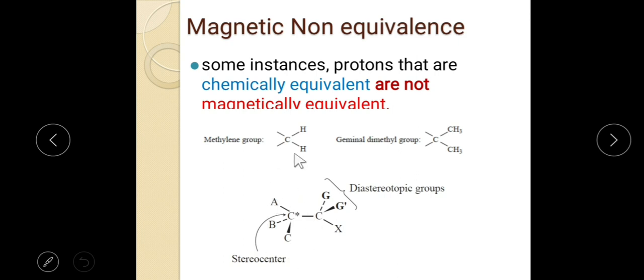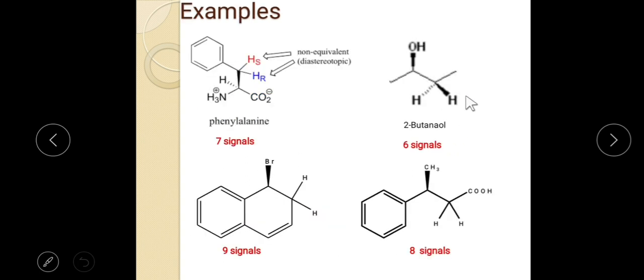So these hydrogens are diastereotopic hydrogens and these are diastereotopic methyl groups. Now, what type of questions are asked in this topic? We have a chiral center over here, and this hydrogen will show a different chemical shift.